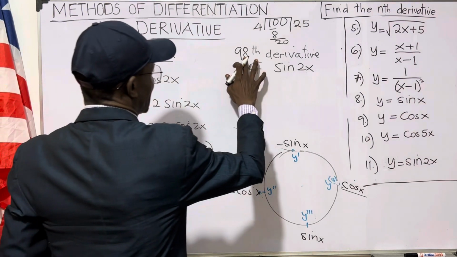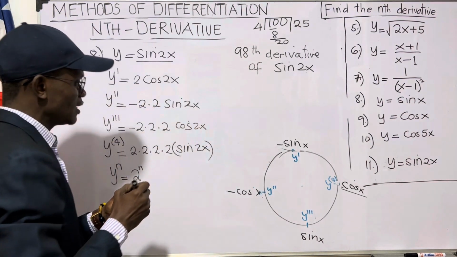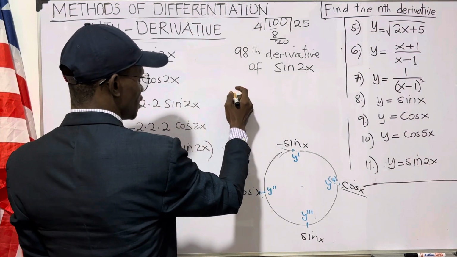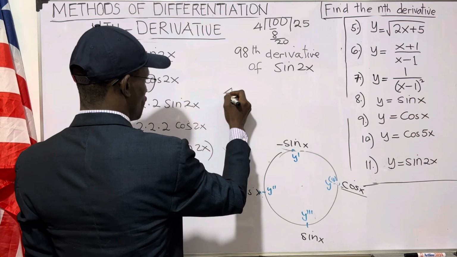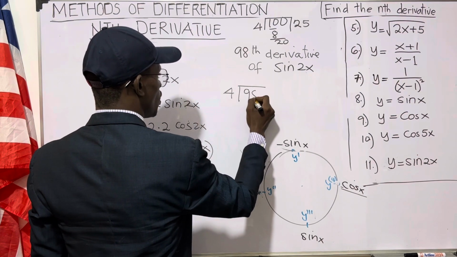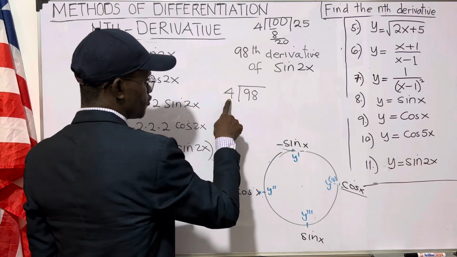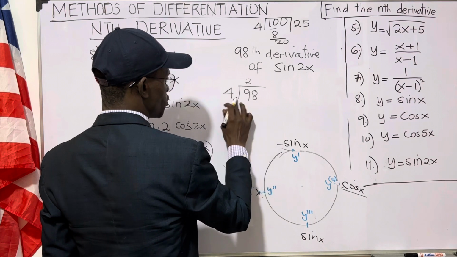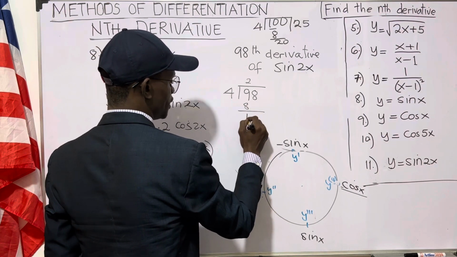So if we want to find the 98th derivative, the first thing we need to do is see what the remainder is when 4 goes into 98. What will we be left with? So 4 goes into 9 2 times. 2 times 4 is 8, remainder 1, right?